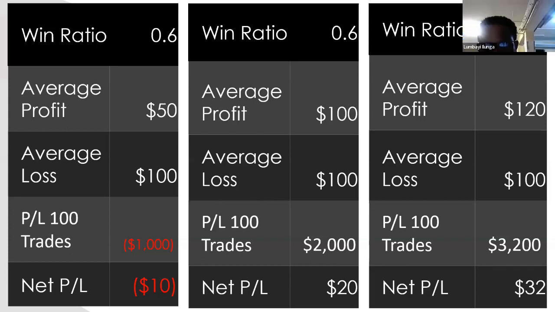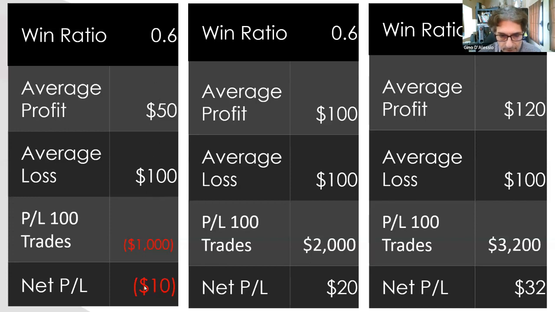So in this case, it was only $50. And the average loss is the sum of all the losing trades divided by the number of losing trades. In this case, it was $100.